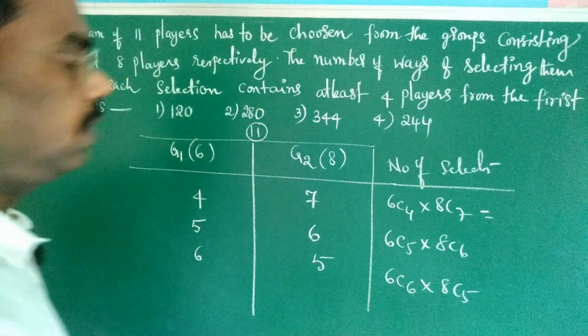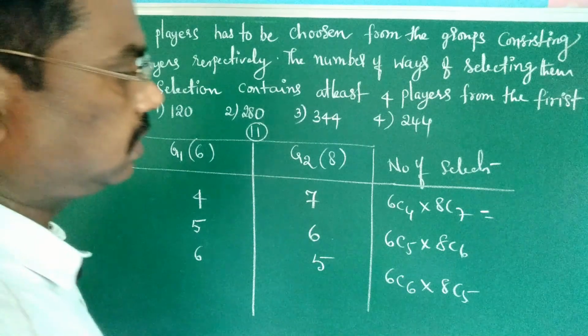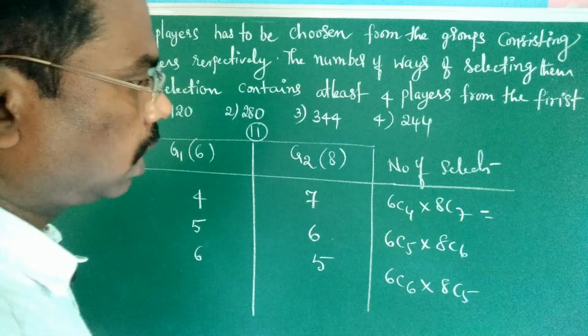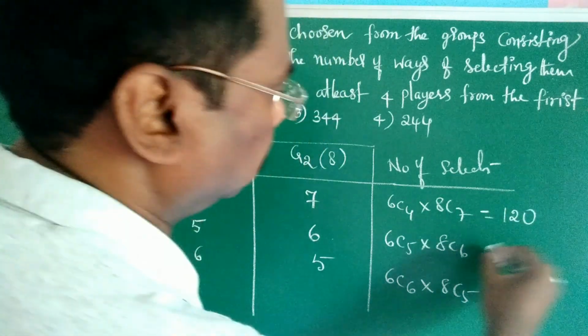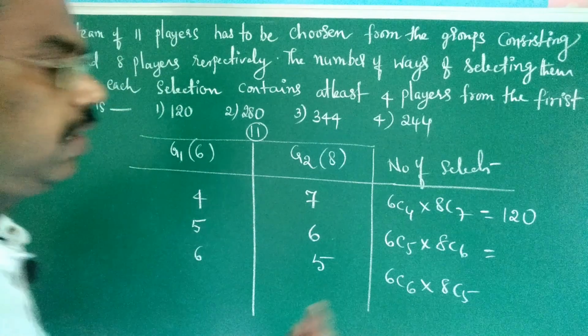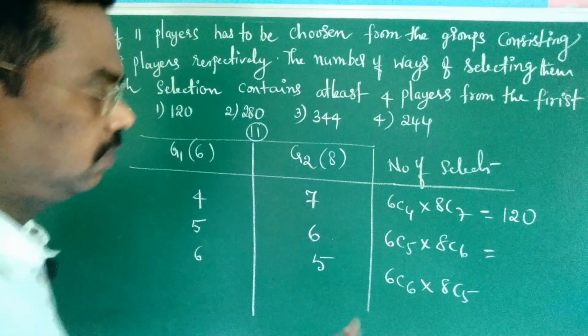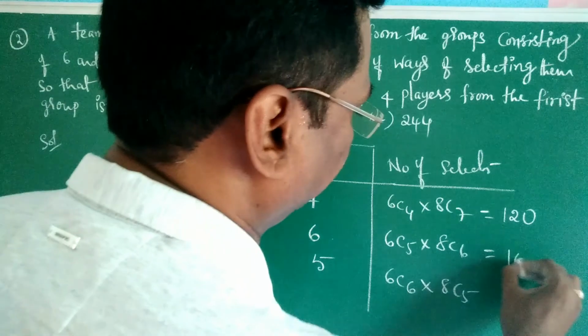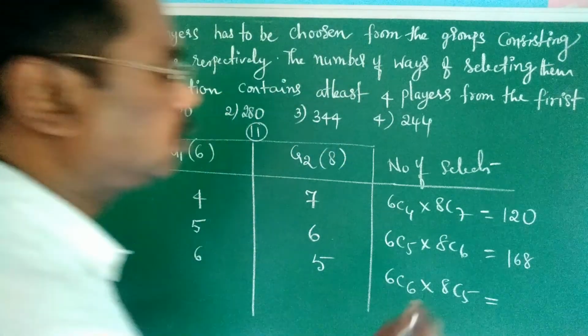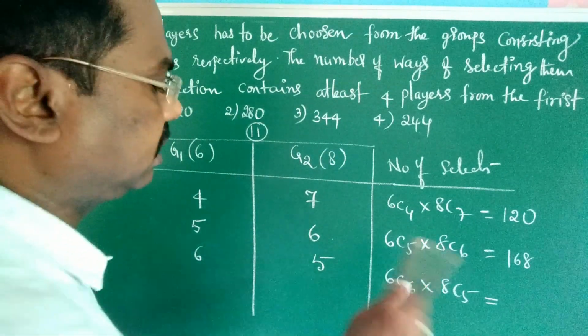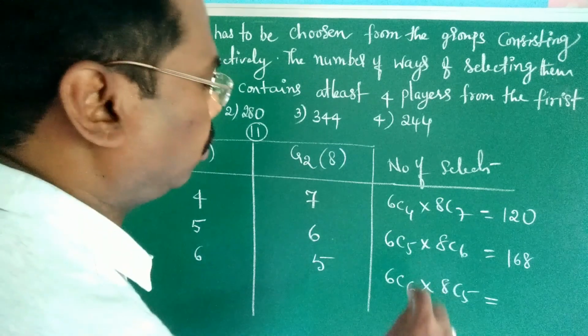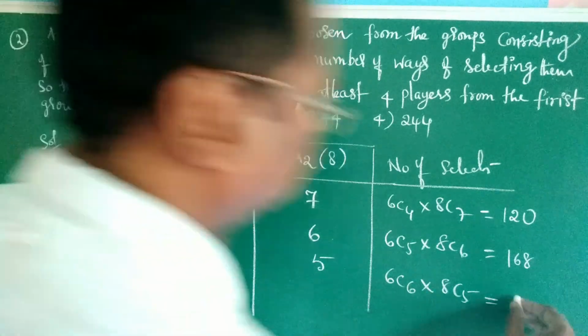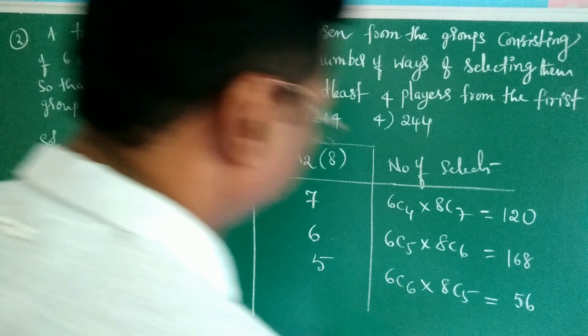Now 6C4 into 8C7 is 120. 6C5 into 8C6 is 168. 6C6 is 1 into 8C5, which is 56.